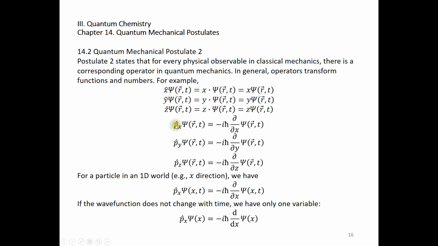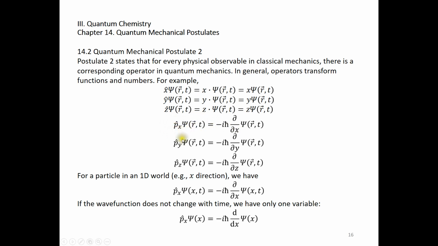Now what if we apply this momentum operator to psi? We get negative i h bar del over del x of psi. So we do need to take the first derivative of this wave function with respect to x, and then multiply the result by negative i h bar. That's the result of applying the momentum operator to psi.